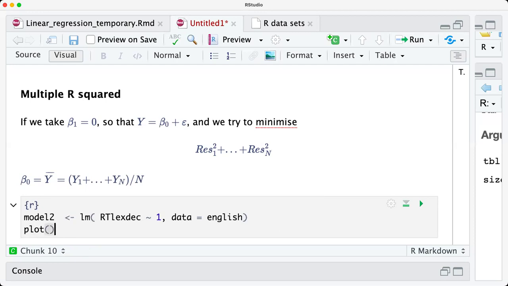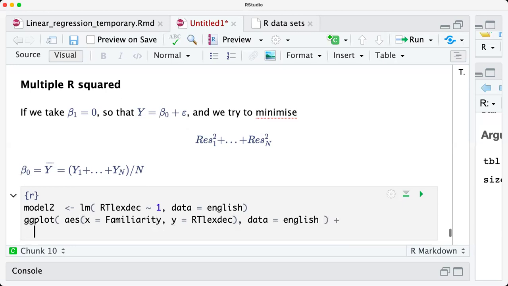So let's plot it with ggplot. On the x-axis we always have familiarity, and on the y-axis the lexical decision. Then we plot the points and the regression line of the simple model.